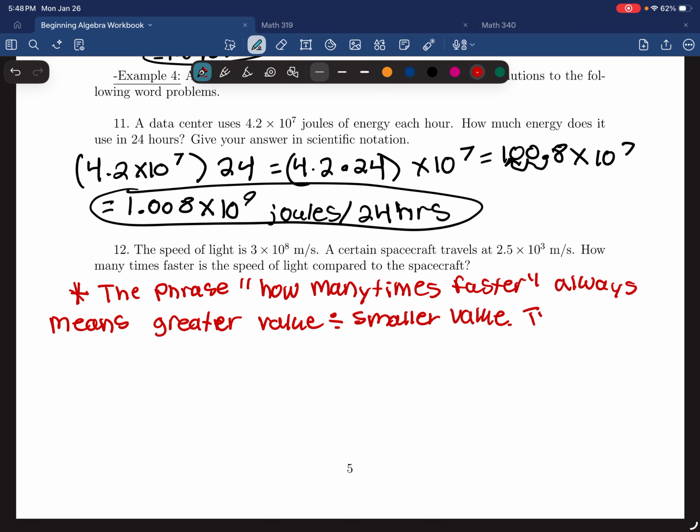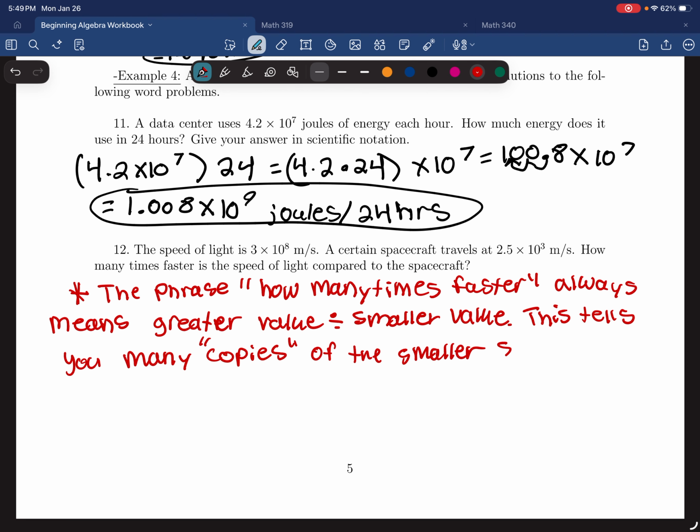And that is because this tells you how many copies of the smaller speed fit into the larger speed.